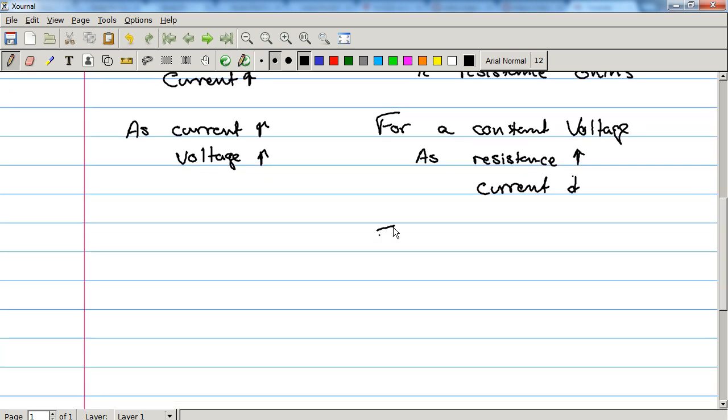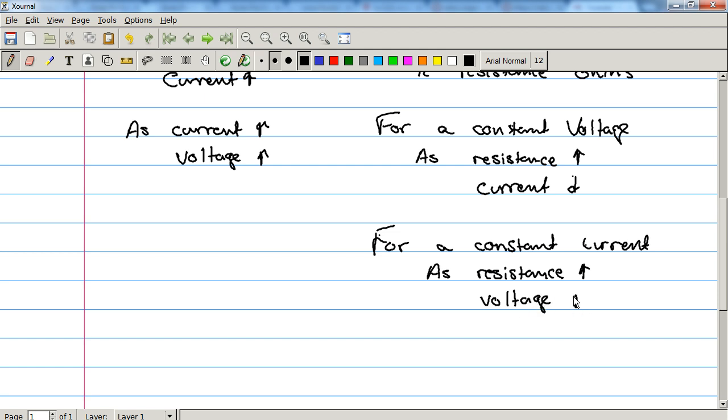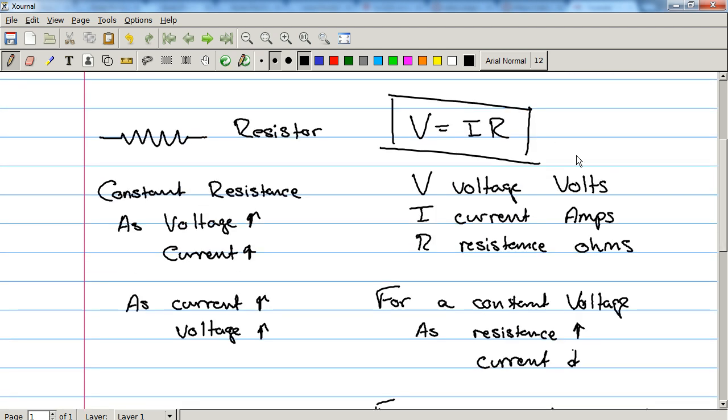And for a constant current, as resistance increases, voltage is going to increase. So these are a couple of helpful relationships to know, all of which can be derived from just looking at V equals IR.